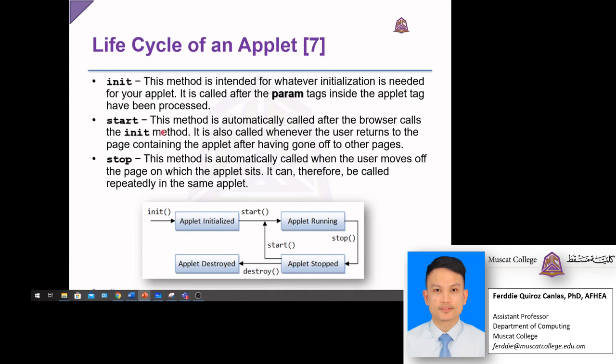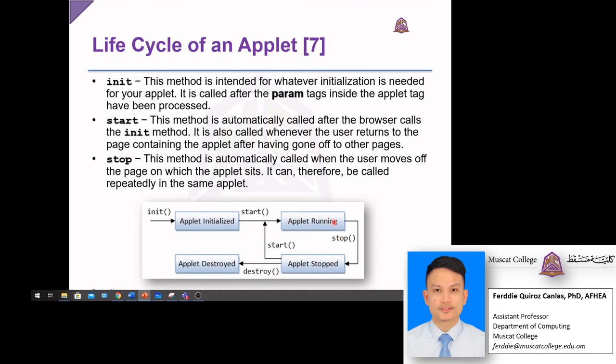So this is the cycle from init to start and then to stop. This is basically the process your applet undergoes: init, start, stop, start again, go with the cycle, then when you are done, you destroy it. Basically when you close the web browser, you destroy the applet. When you open a web page having an applet, you initialize the applet.